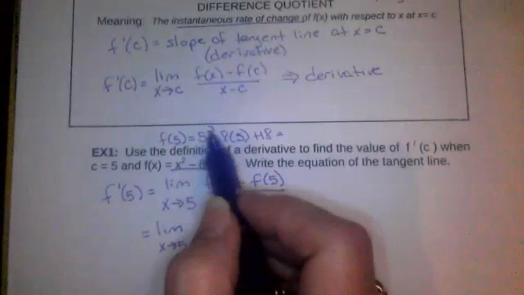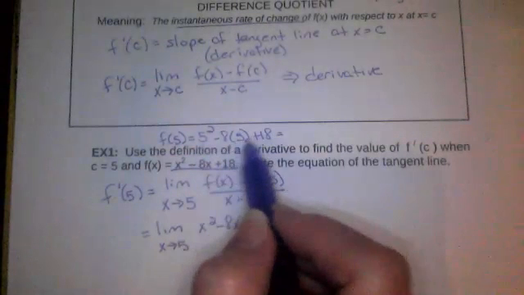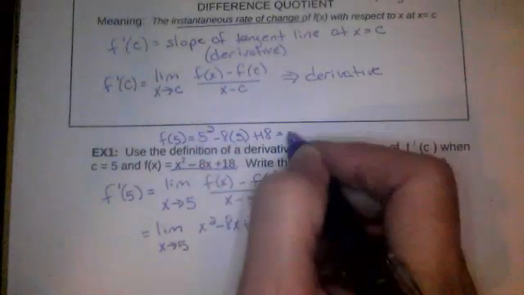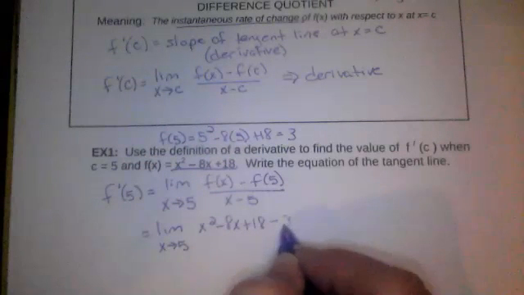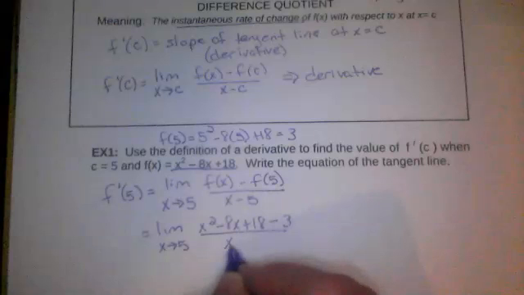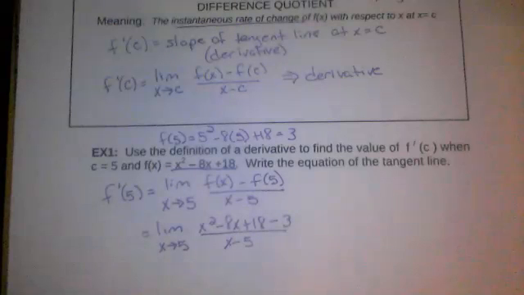So we have 25 minus 40 plus 18, and that's going to give us 3. So f of 5 is 3, still over x minus 5. So now we have the limit as x approaches 5 of x squared minus 8x plus 15 over x minus 5.